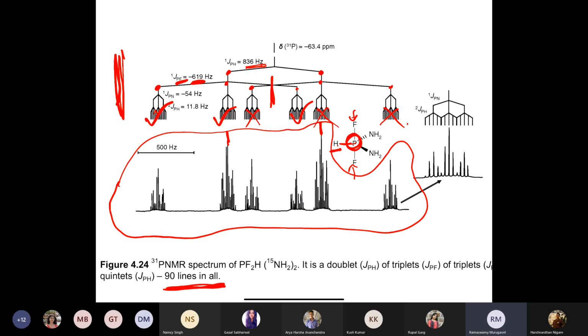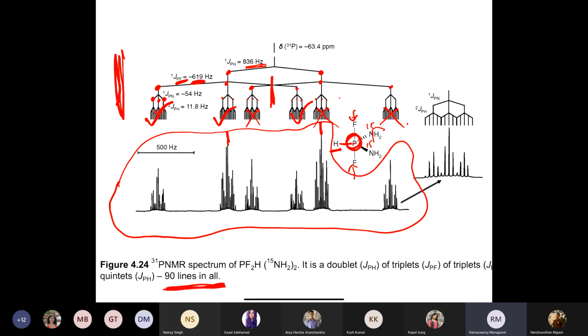And now each of these triplets is going to be split into further triplets by the 15 nitrogens. So these 15 nitrogens are going to split these triplets into further triplets. So all of them go triplet, triplet, triplet, and triplet.